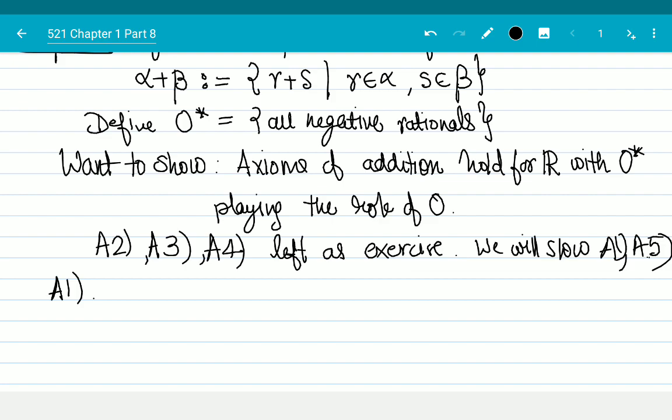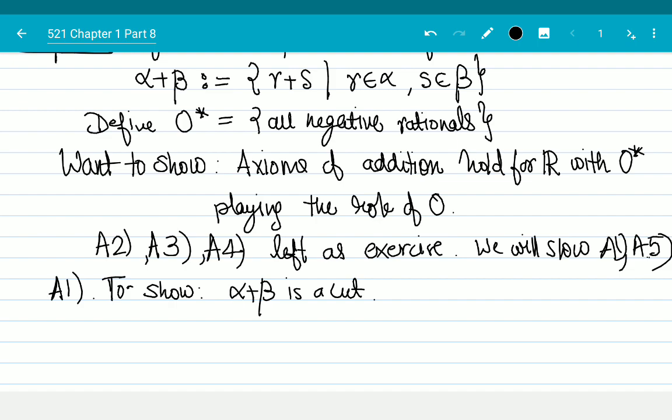We have to show that alpha plus beta is a cut. The idea is A2, A3, A4 more or less follow exactly the same way as A1. Okay.